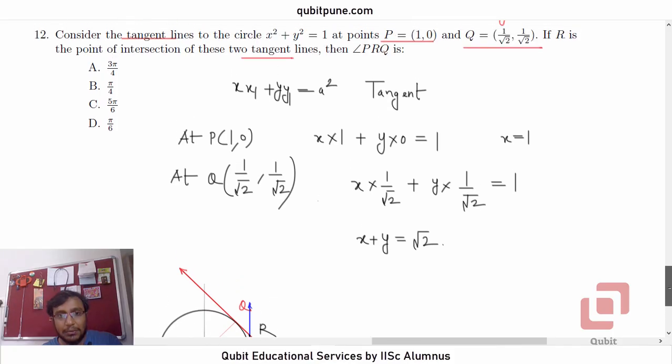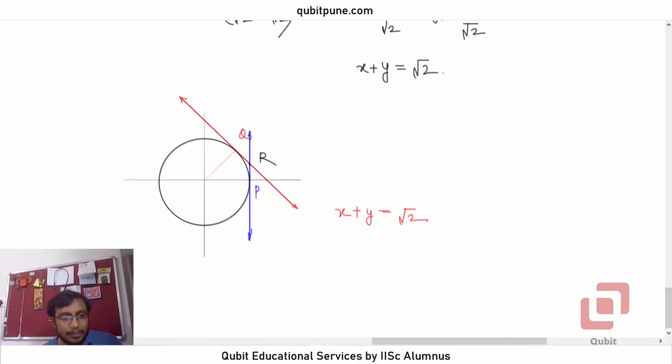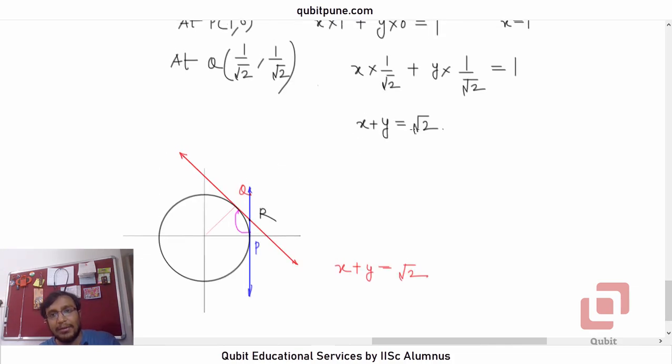Angle PRQ is what they are asking us to determine. That means they want us to determine this angle. There is no hesitation now, because this angle has to be 135 degrees, isn't it? The red tangent being x plus y equal to root 2, its slope is going to be -1, so this angle has to be 135 degrees.